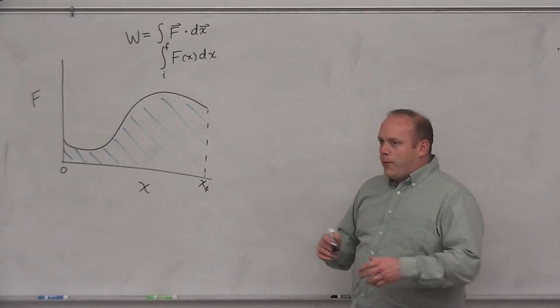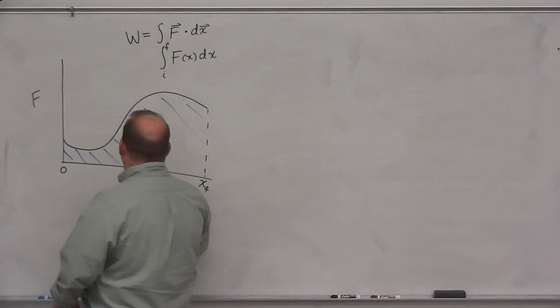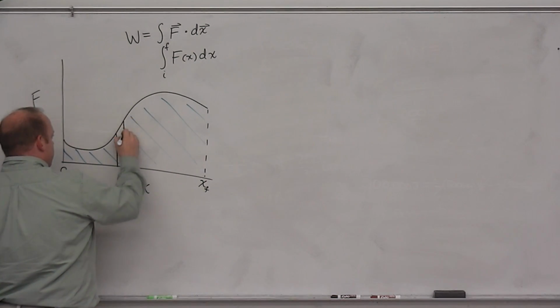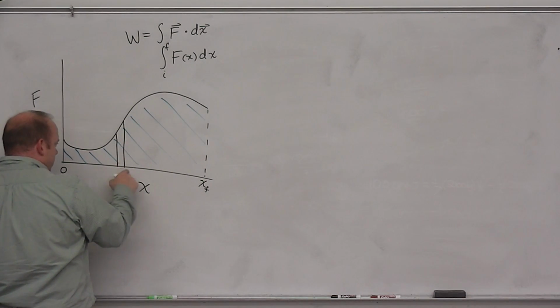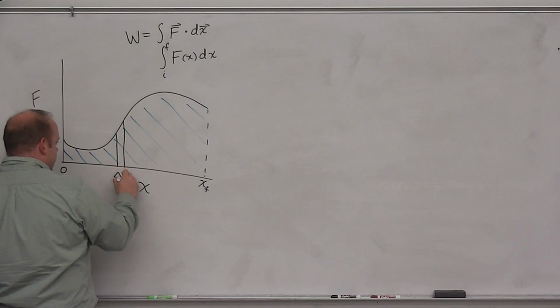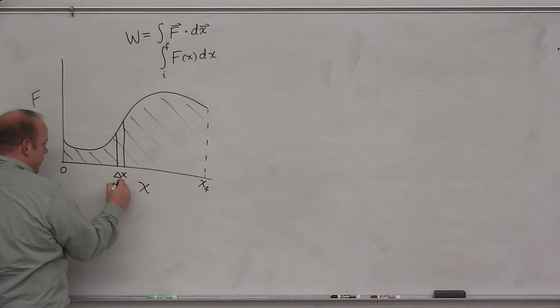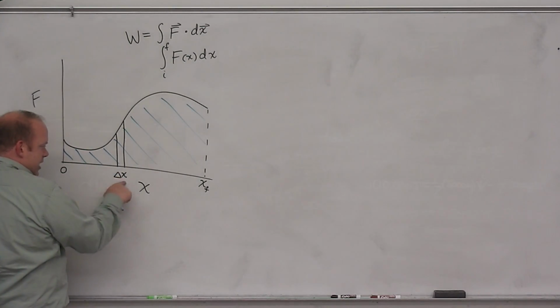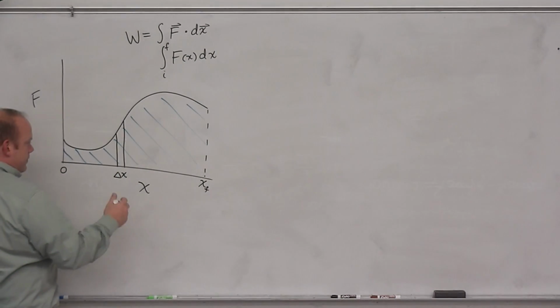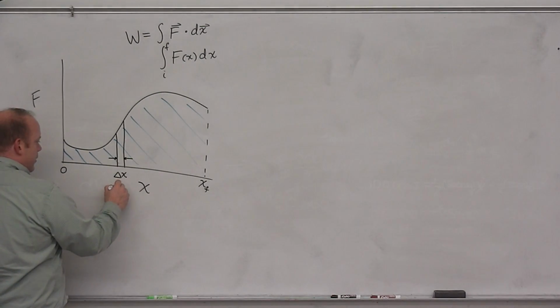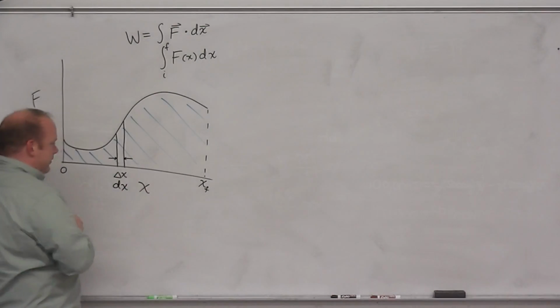But what we do is find the area of very tiny little slivers. So I take a sliver like this. This part right here is called a delta x. If I squeeze it infinitesimally small, that delta x, where delta means it's a discrete quantity, we squeeze that down so far that it's infinitesimally small, and we make that dx.